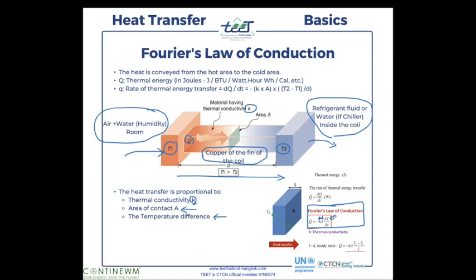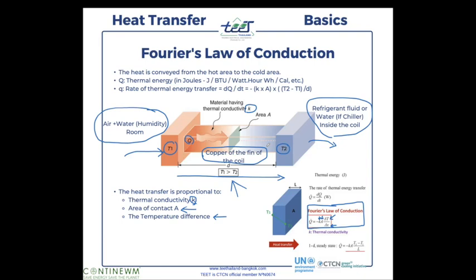And it's inversely proportional to the thickness of the material. So you can imagine here in this example, you can see that if the distance is smaller, you transfer faster, of course.